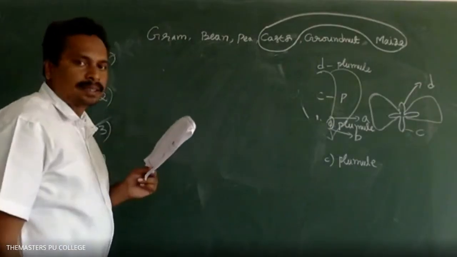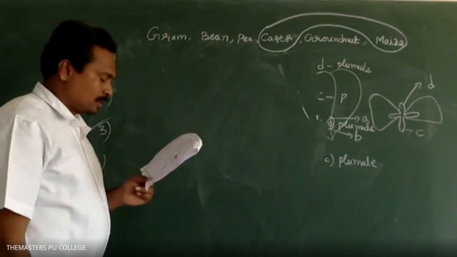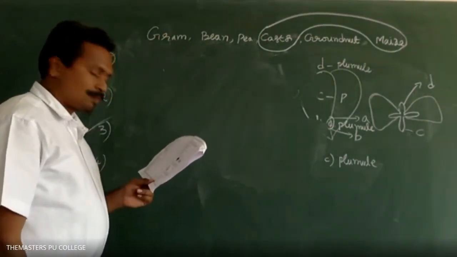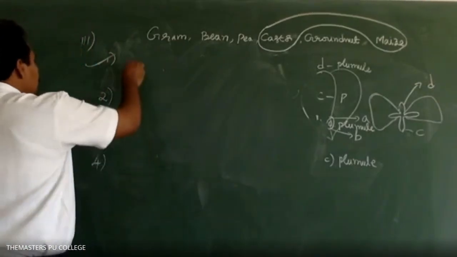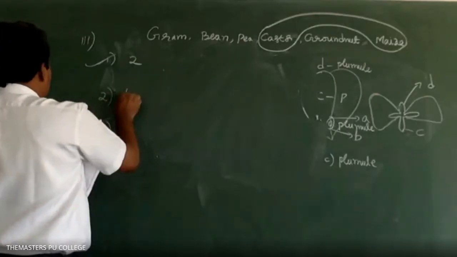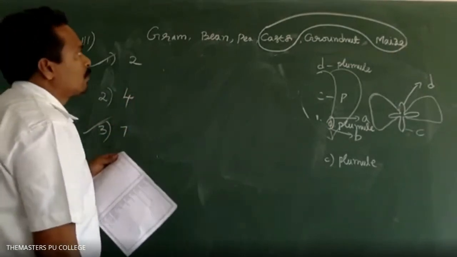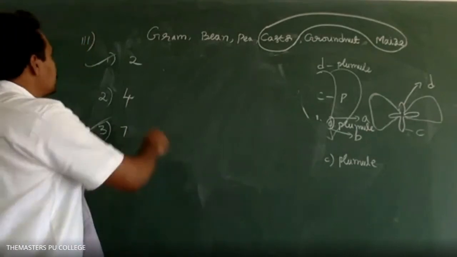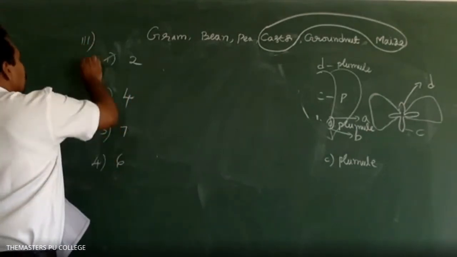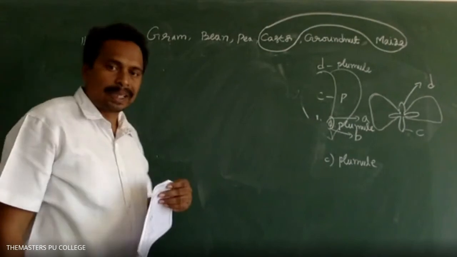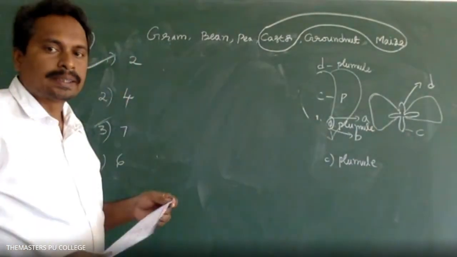Non-albuminous are gram, bean, pea, groundnut. Among these plant seeds, how many are albuminous? Two. Very good. Option 1 is 2, option 2 is 4, option 3 is 7, option 4 is 6. First option is the correct answer.